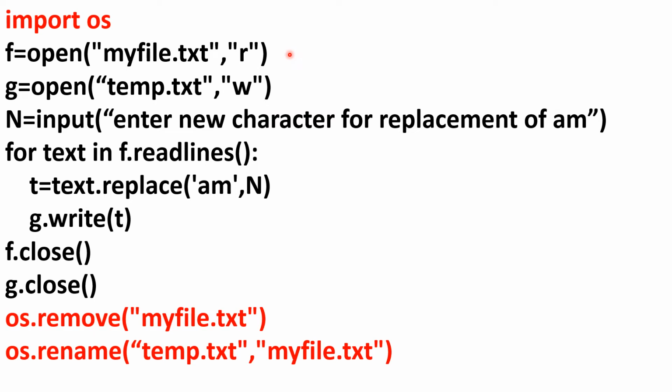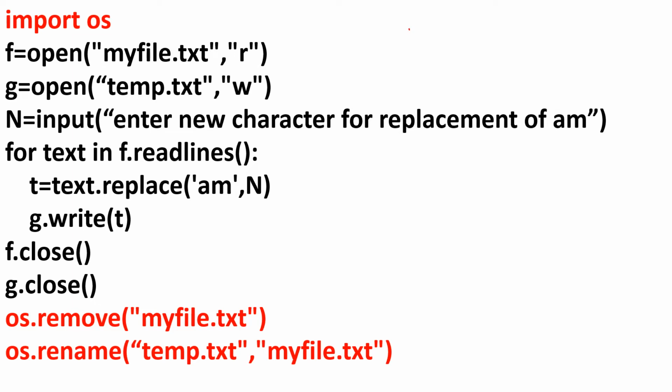That means a total of two files are required, one in the read mode, the existing file, and one in the write mode, the temporary file. And then we ask the user to enter a character for replacement of m, as we are going to replace all the m present in the file with a new character entered by the user.